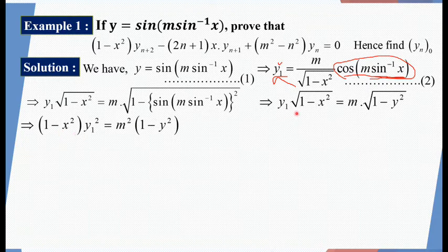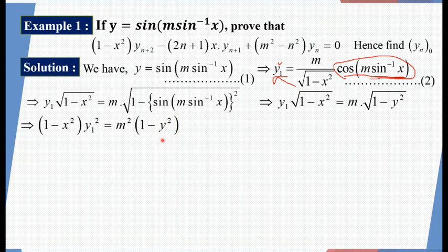So on taking square, we get (1 minus x square) y1 square equals m square into (1 minus y square). Now the third condition exists. The power of y or y1 or y2 should be unity, but this power is not unity.